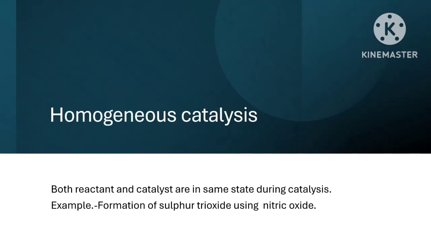Next, homogeneous catalysis. What is the meaning of homogeneous catalysis? Here, I have taken the example of formation of sulfur trioxide using nitric oxide. Okay, sulfur trioxide will form from SO2, sulfur dioxide, in gaseous form, plus oxygen, also in gaseous form, to give the product sulfur trioxide, also in gaseous form.